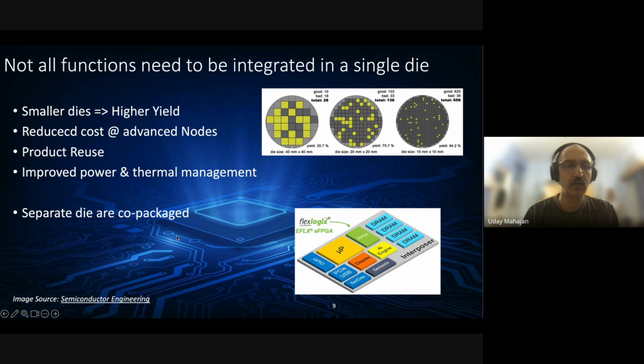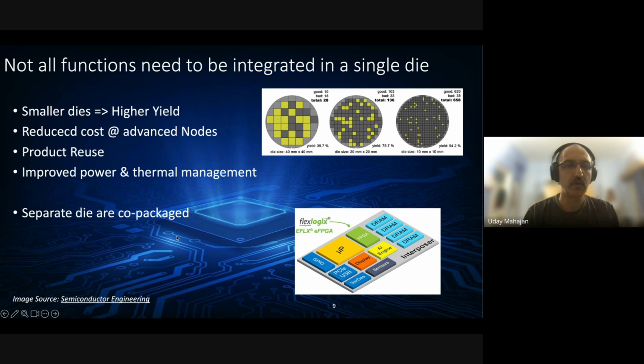And you can see that with this schematic on the top right, where for the same number of defects on a wafer, if you have a big die, your yield is 35%. Same number of defects on a 20 by 20 millimeter die, yield goes up to 76%. And if your die shrinks by a further factor of 2, the yield becomes 95%. So smaller dies imply better yield. So that's a very clear motivation.